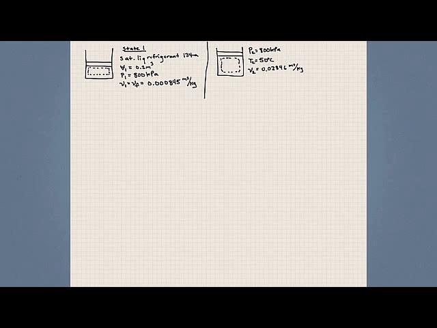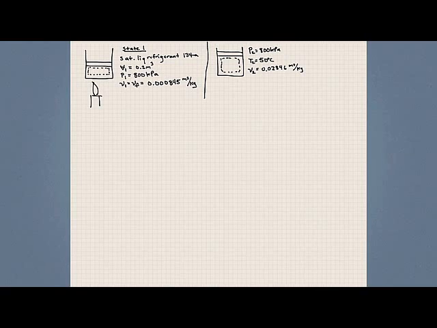In state 2, so here's state 2 over here, we have a condition where we've had a little flame. So I drew a candle there. That candle has added heat to this piston, and it's caused the piston to expand. So we have more volume in our second case than we did in our first case.